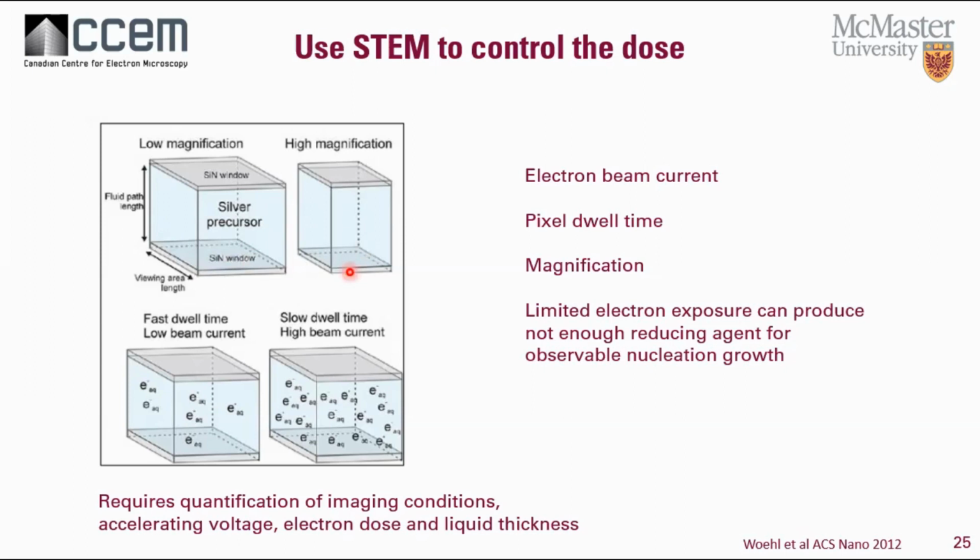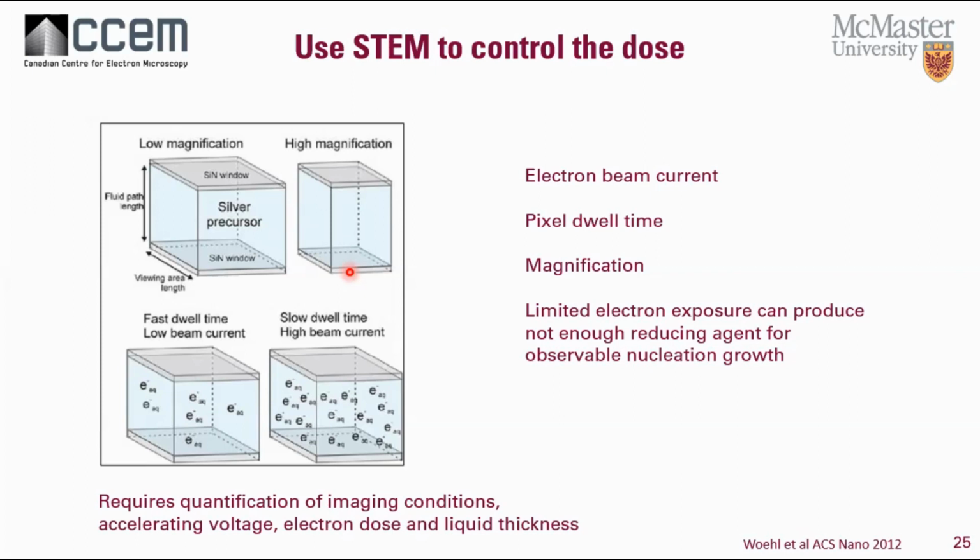Adjusting the STEM beam parameters affects the interaction volume and the radicals produced. Increasing the magnification reduces the interaction volume for a fixed fluid path length, while at low magnification, the scan area is large, yielding a large interaction volume. Increasing the electron beam current or slow dwell time increases the amount of radicals produced by radiolysis during the STEM scanning.